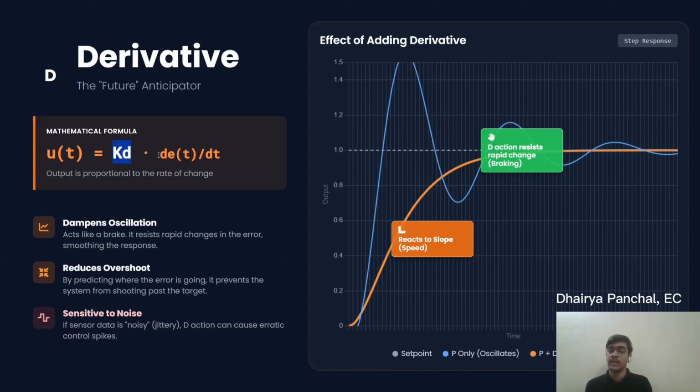That is KD, and this is how a derivative controller is implied. So you need not use differentiation. અગર તમે તમારું input change ને બહુ small assume કરો, assuming E of t is very small and dt is very small, you can replace this by delta of E of t upon delta of t.